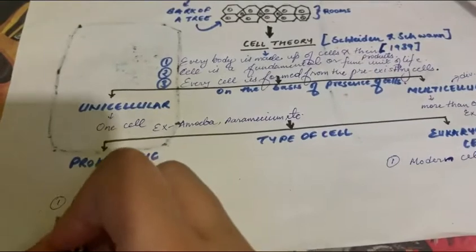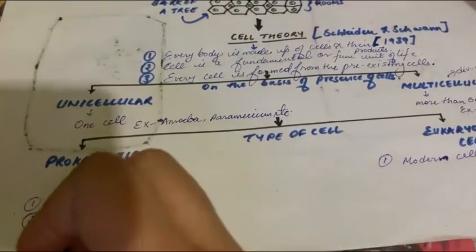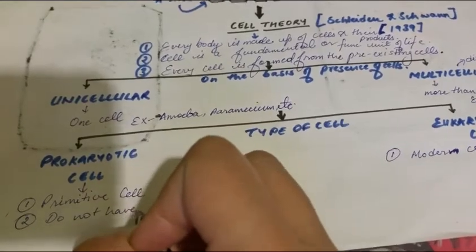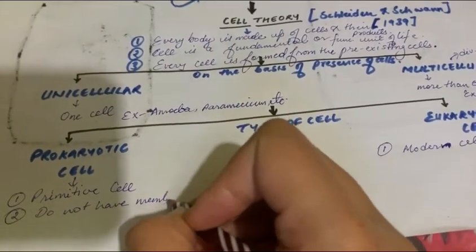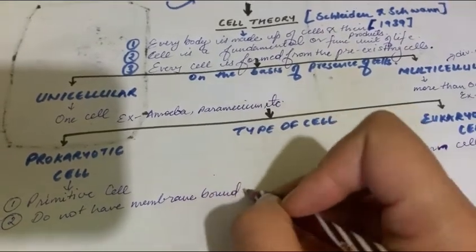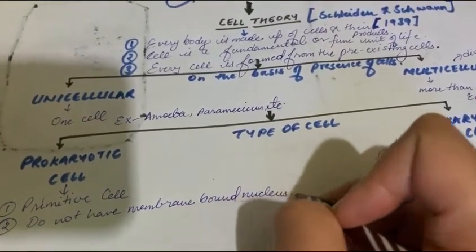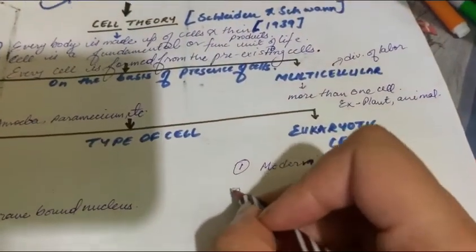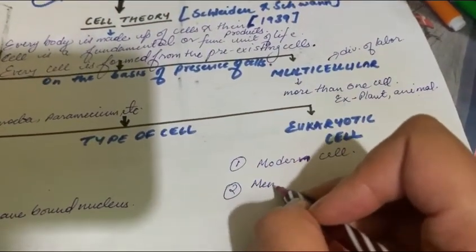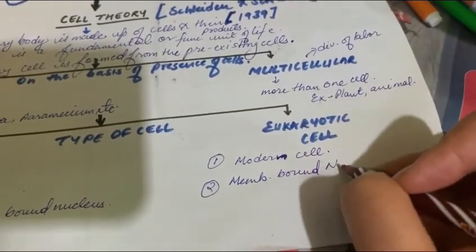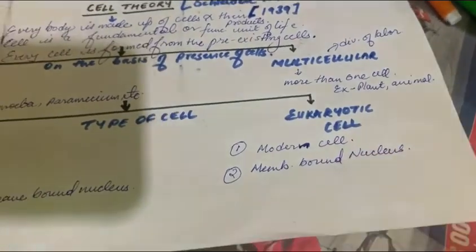Second, prokaryotic cells do not have a membrane bound nucleus. They do not have a well defined nucleus, whereas a eukaryotic cell has a membrane bound nucleus. Remember.